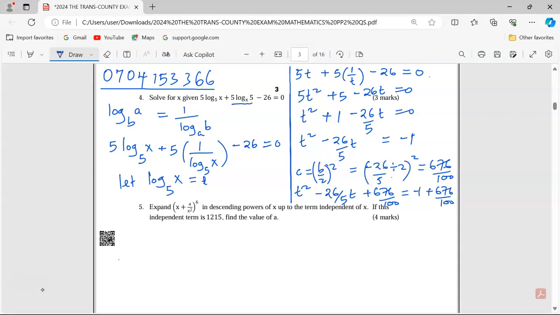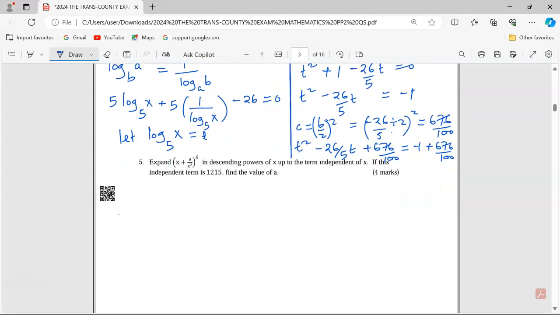We can factorize the left hand side by starting with the square root of t squared, which is t. Then the sign which follows is a negative. The square root of this part will be 26 over 10, squared. This is equal to, when I combine the other side, 5.76.